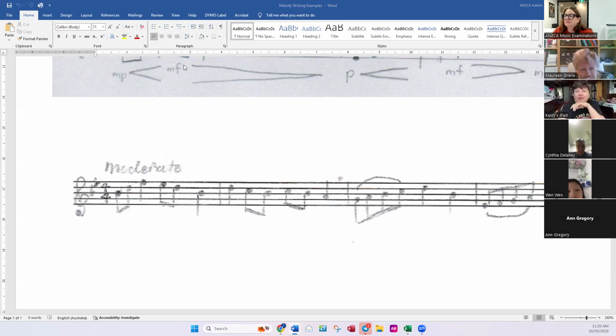Can I ask, must the climax always be in the middle, or could it be at the end? It could be at the end. Yes, it definitely could be at the end. So there are 2 possibilities for the climax, at the middle or at the end. I'd be happy with the climax at the end. How about the climax in the middle and then it ends softly?